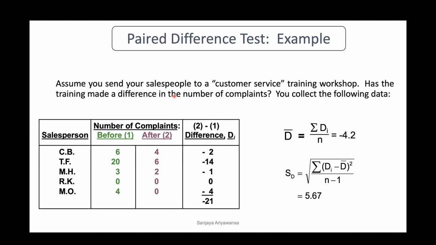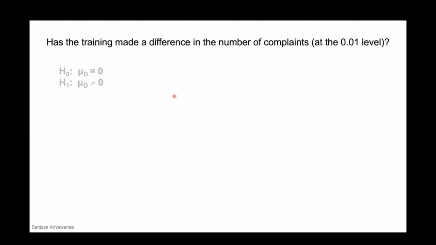If mu D is not equal to 0, that means the training has made a difference. If mu D is equal to 0, the training has not made a difference. We are testing at the level of significance 0.01, with D bar equal to minus 4.2.